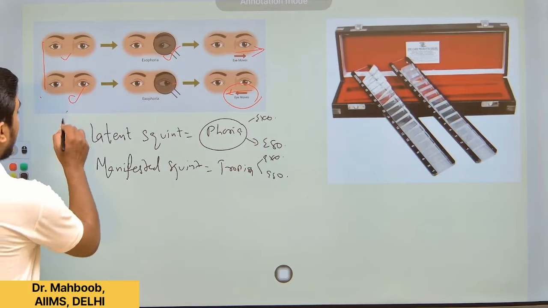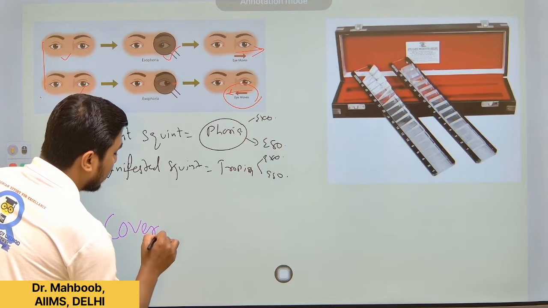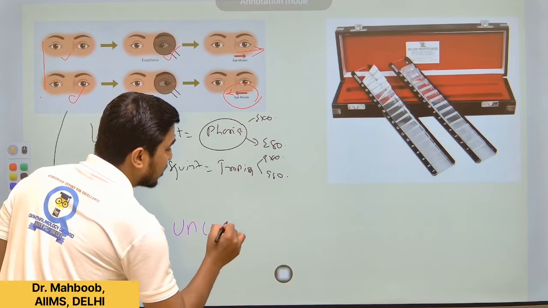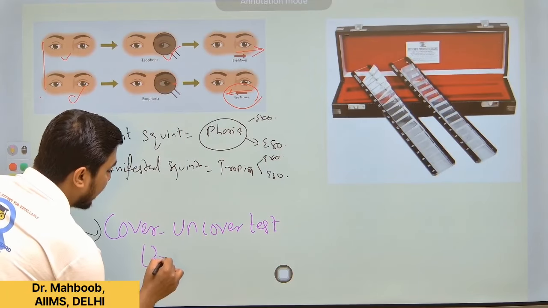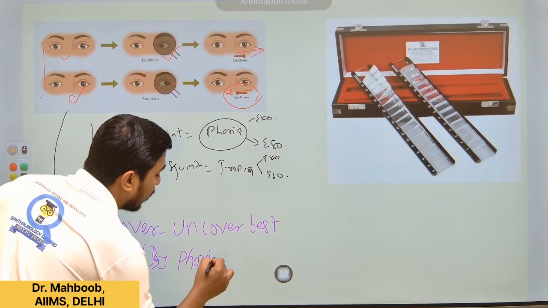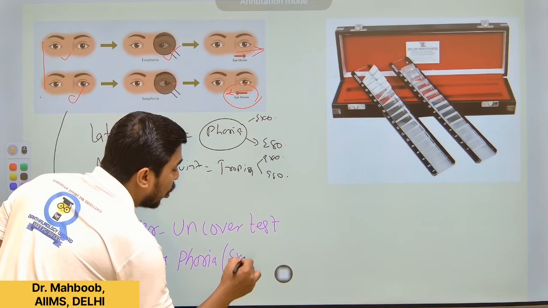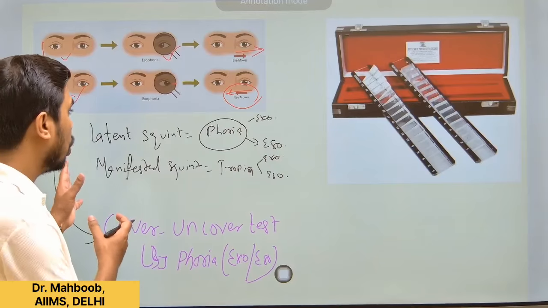So what is this test? This test is the cover-uncover test, and it will give you an idea of phoria, exophoria or esophoria. Understood what this test is?